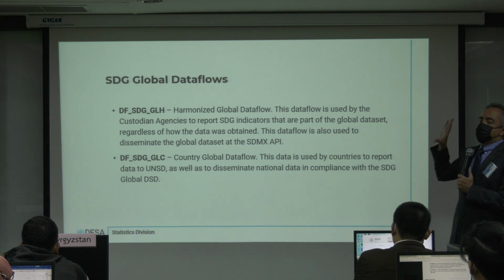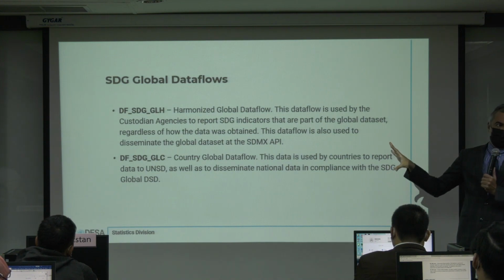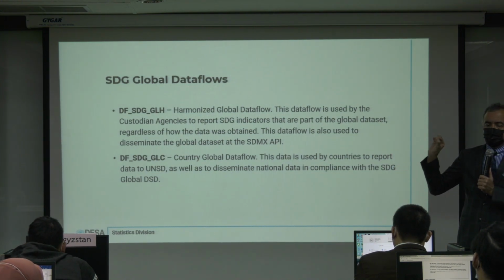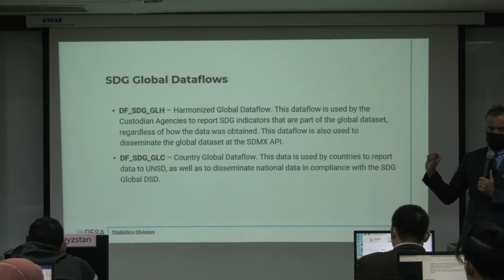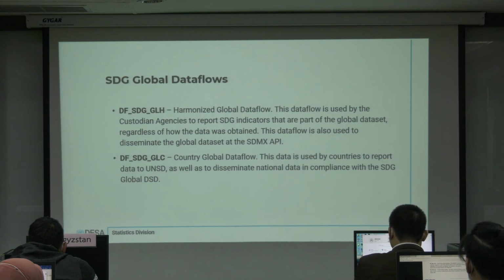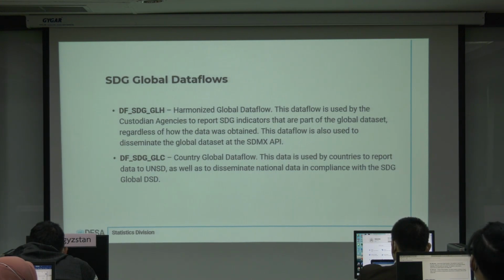Both of these, just to be clear, are for global indicators only. They are both data flows defined on the SDG Global Data Structure definition and can only be used for global indicators. For national indicators, which are not part of the global framework, you create your own DSD and your own indicators. Any questions about this?